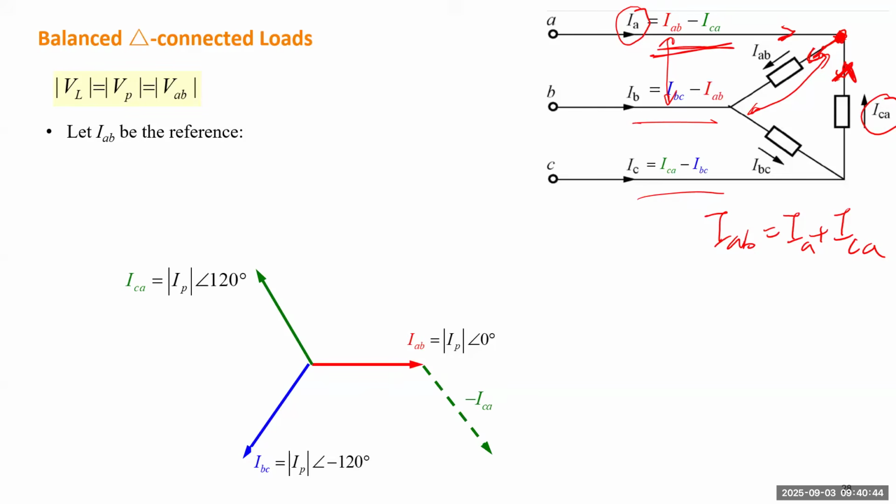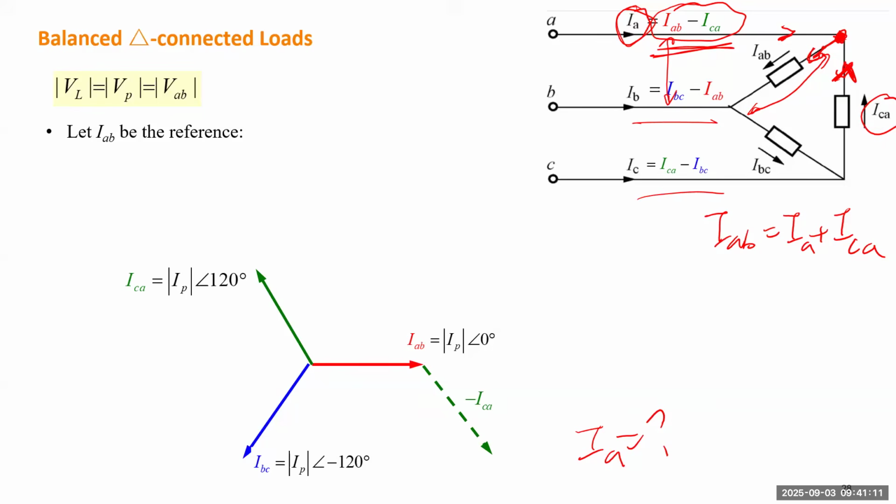To find IA in the phasor diagram, we know IA is the difference between IAB and ICA, which is also the sum of IAB and the negative ICA. So we draw the negative ICA phasor, which has the same length as ICA but points in the opposite direction.